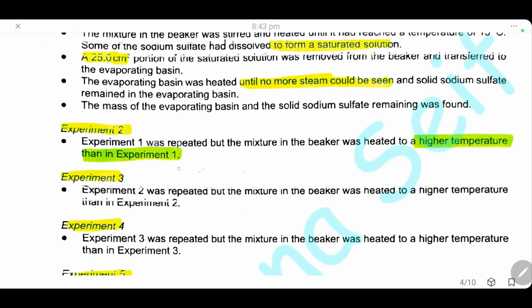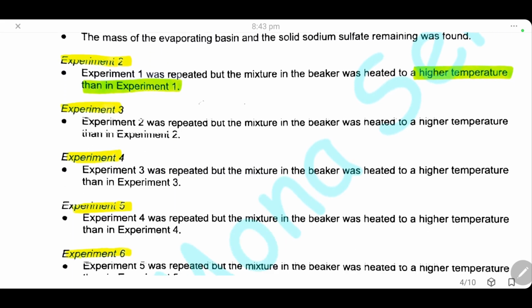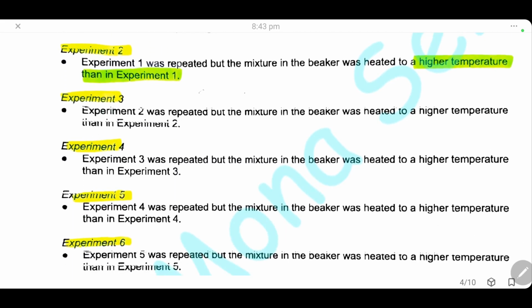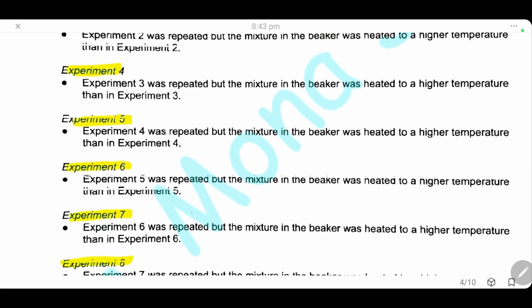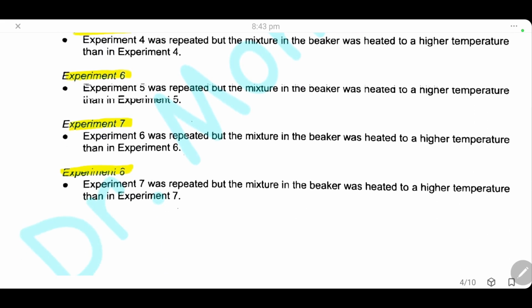Then we will repeat the experiment at a higher temperature than experiment 1. This will be experiment 2, and another, experiment 3, with a higher temperature than 2, and so on until we reach experiment 8 with a higher temperature than experiment 7.